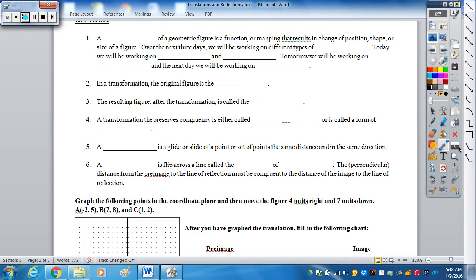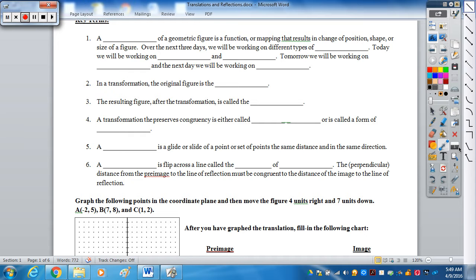Number 4, a transformation that preserves congruency is called a rigid motion. When I think of rigid, someone that's rigid in movement, think of athletes: the opposite of fluid, someone who moves smoothly, is flexible, and can change position easily, would be rigid. Someone that's rigid is tight and can't change very well.